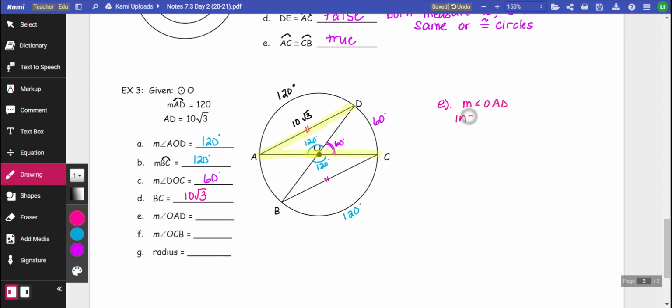This is an inscribed angle, and it's equal to half its arc. So the measure of angle OAD is half the measure of arc DC. Half of 60 means the angle is equal to 30 degrees.